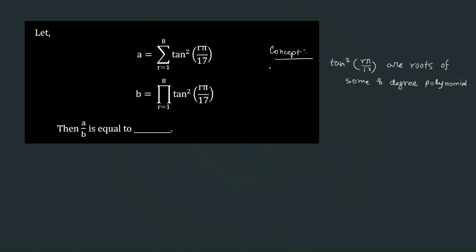So we have to find the polynomial. Here, if we put theta equal to, let's say, pi by 17, we can then find the equation whose roots are tan square r theta. Now, how to find the equation? Let us discuss this step by step.